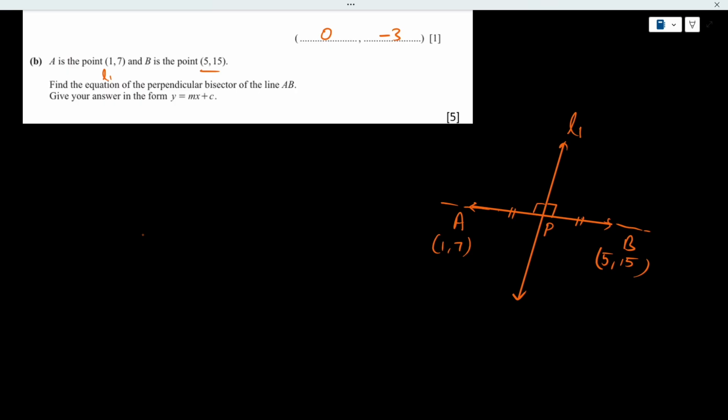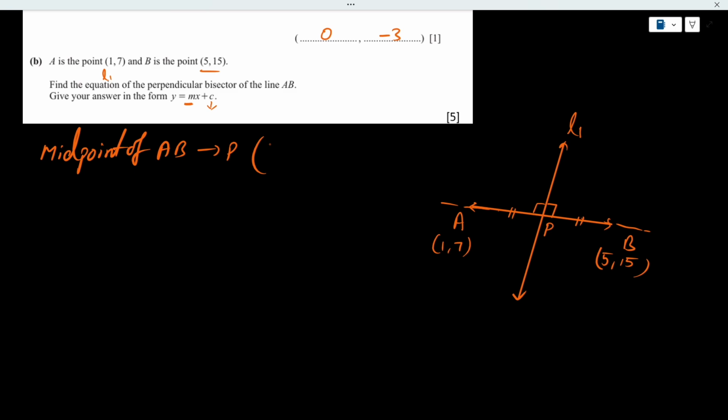So how to get it here? I do not have the gradient of line L, because y equals mx plus c. I need to get the gradient, and I need to get c, which is the y-intercept. So first, when you draw here, you can find the midpoint of AB, which is nothing but P. And how do we get it?